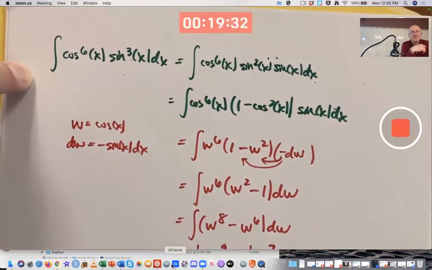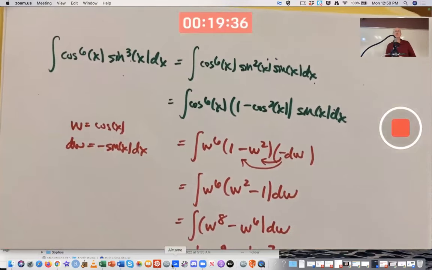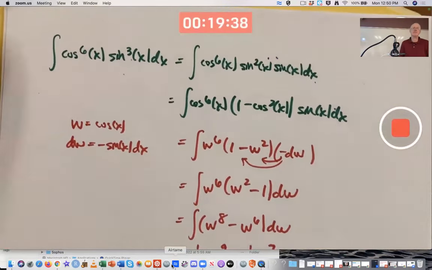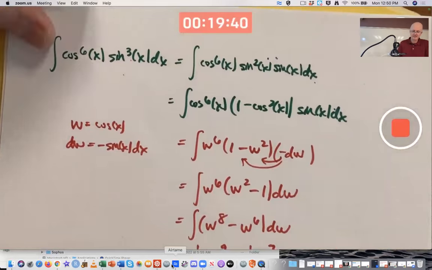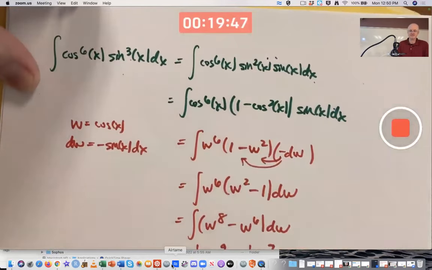So if you're always peeling off just one factor from the odd power, you do need to use an identity like this here as well. So two things.